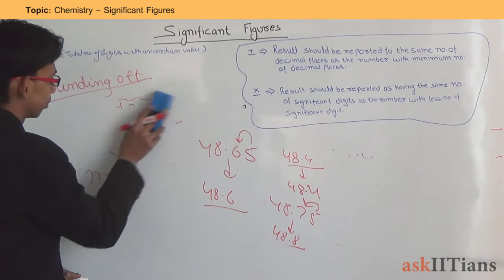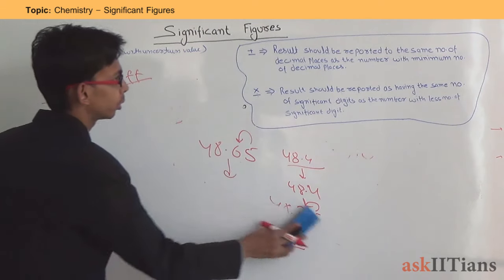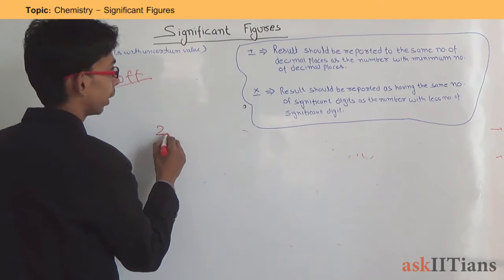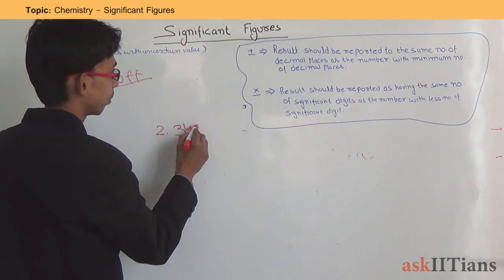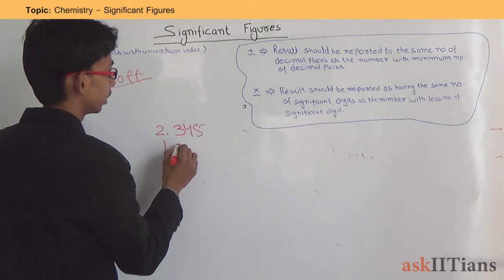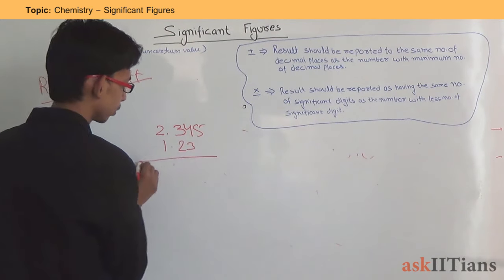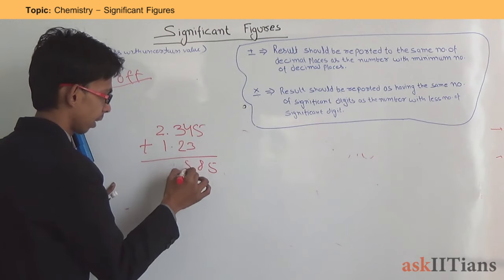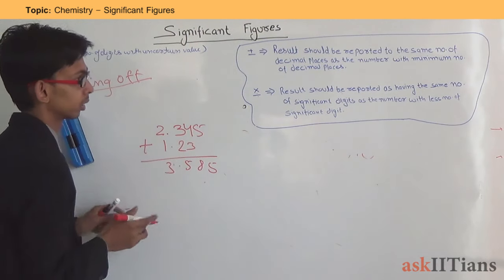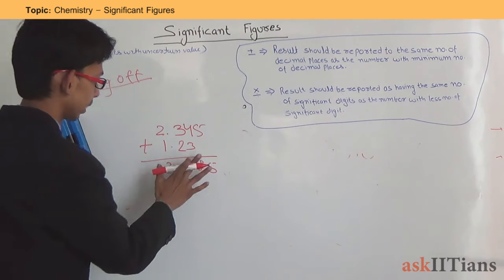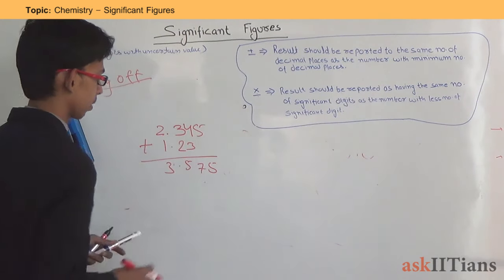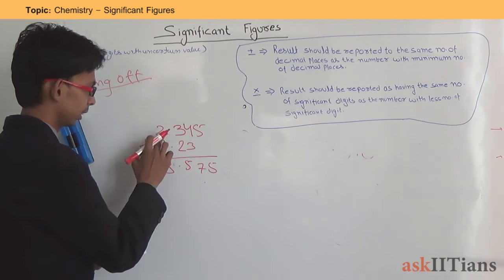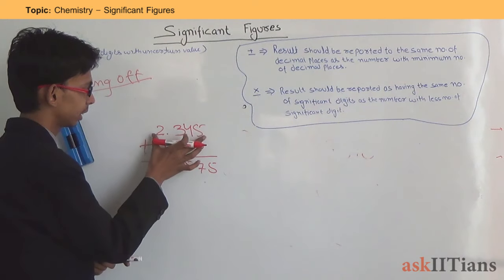That means, for example, if we want to add 2.345 and 1.23, then what will our result be? The result will be 3.575.